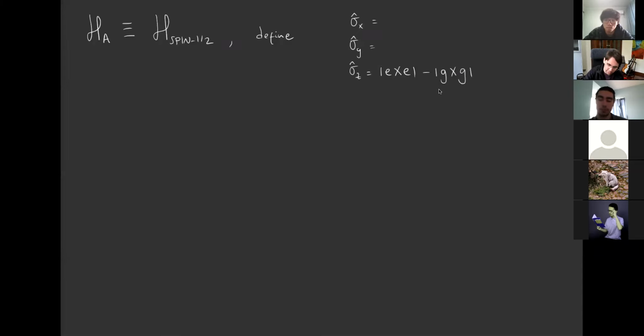Sigma y is i times the matrix element connecting the excited to the ground minus the dagger of that. And finally, we have the sum of the same thing for sigma x. Okay, and as I say, these three objects are called Pauli operators.